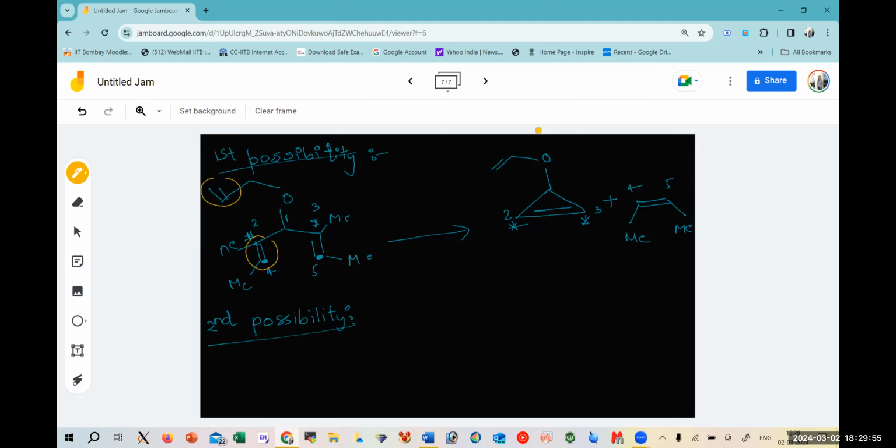Here, if you look carefully, I'll draw it one more time. It's better to keep it in this orientation to make you more comfortable with the way it is going to form. So if you see over here, sorry, there is another carbon.